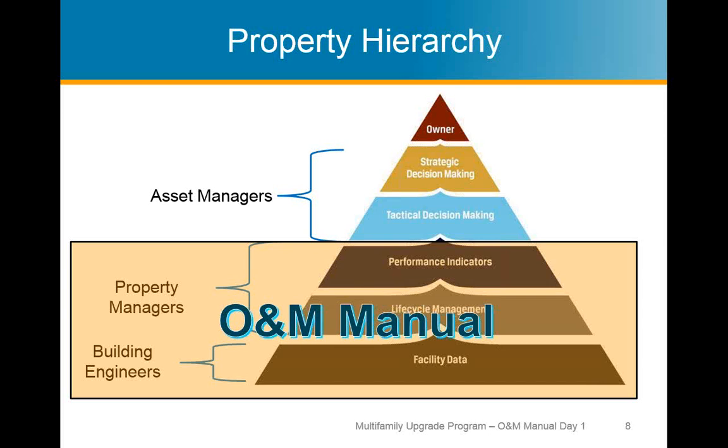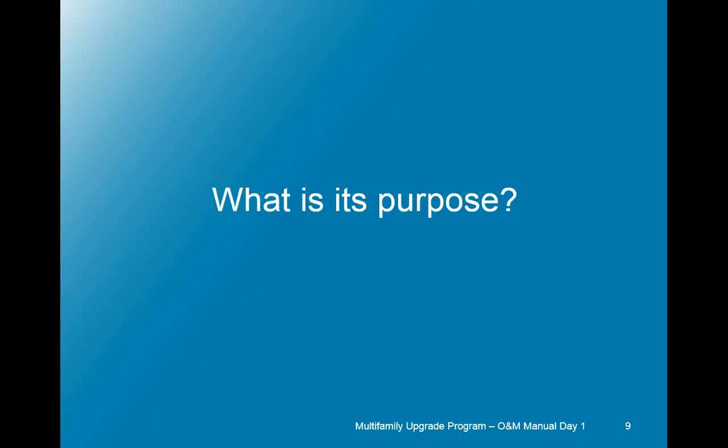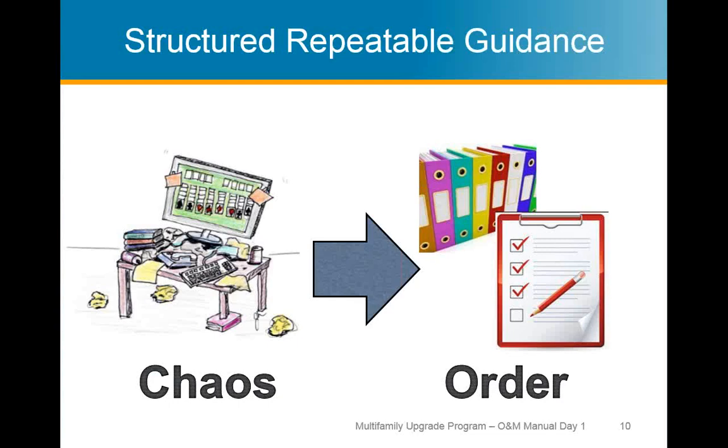So really, what does that mean exactly? What is its purpose? So the way I like to think of it, an O&M manual exists for one purpose, and that is to provide structured, repeatable guidance for the building engineers, for the property managers.